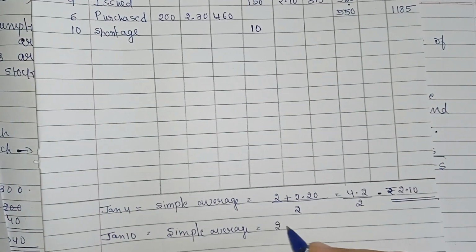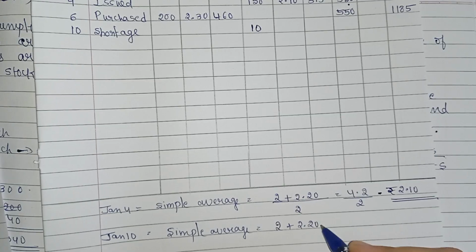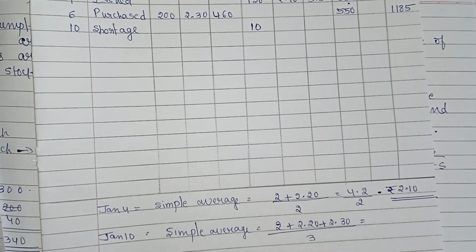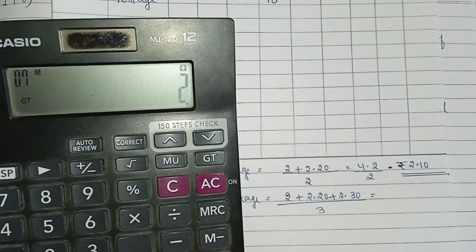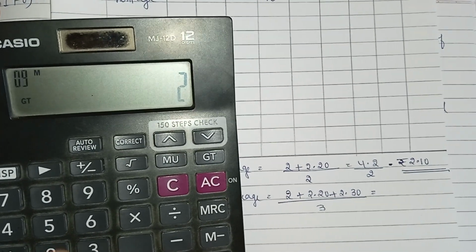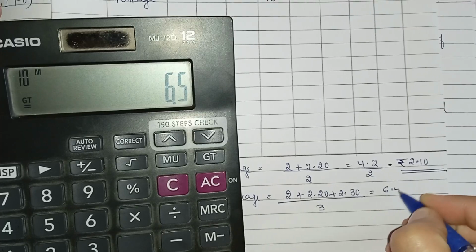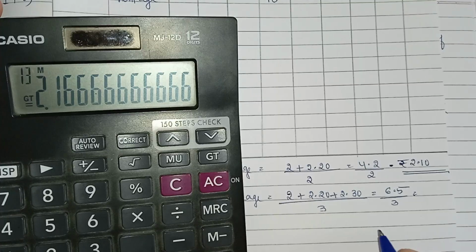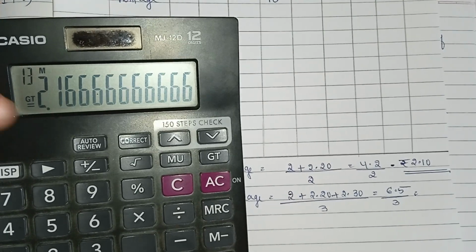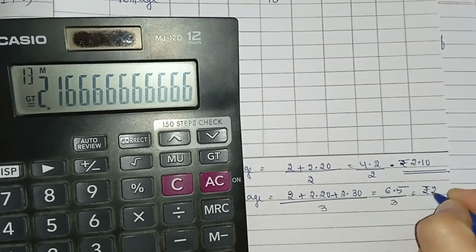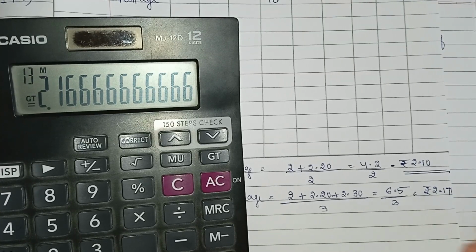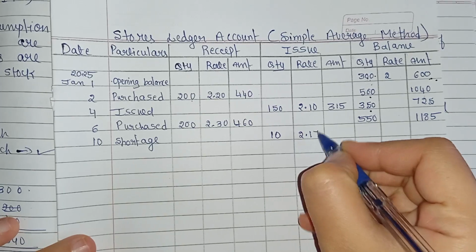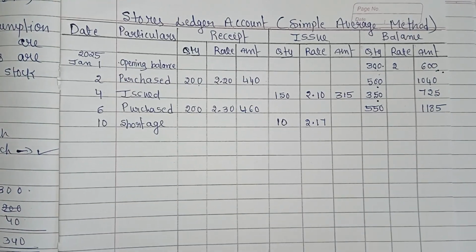So write down 2 plus 2.20 plus 2.30. How many lots? 1, 2, 3. So 6.5 divided by 3 equals to 2.167. Means you take rupees 2.17 up to 2 digits. Clear? 2.17. So write down 2.17, that is our issue price for shortage of 10 units.